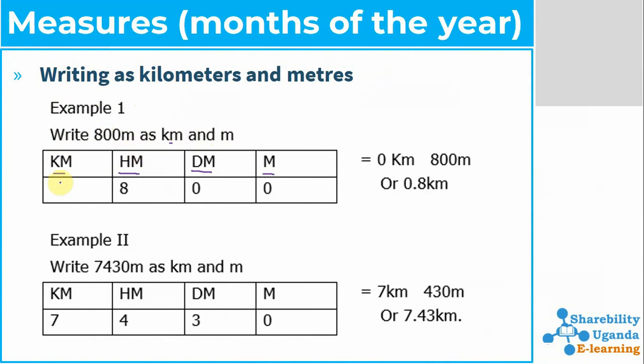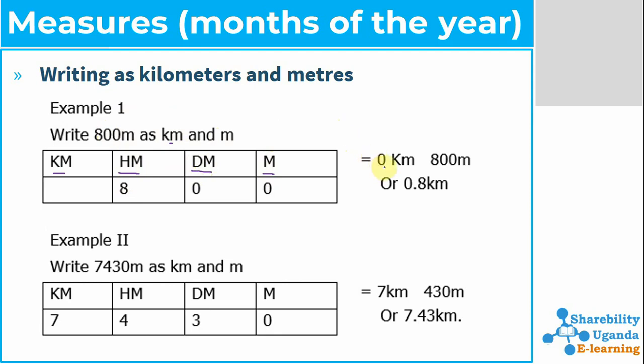Here we have a kilometer, a hectometer, a decameter, and a meter. So they want us to write our 800 meters as a kilometer and also a meter.